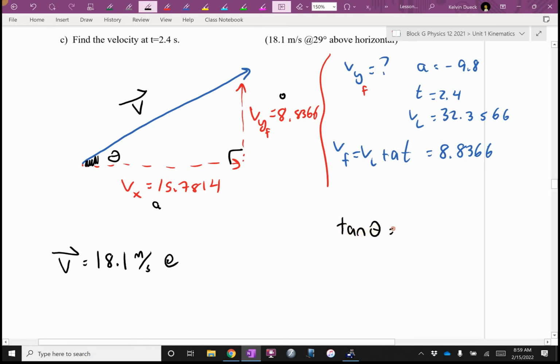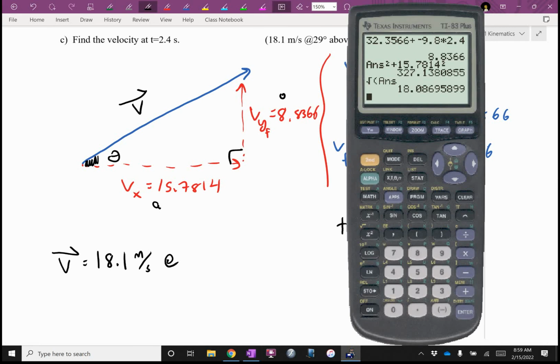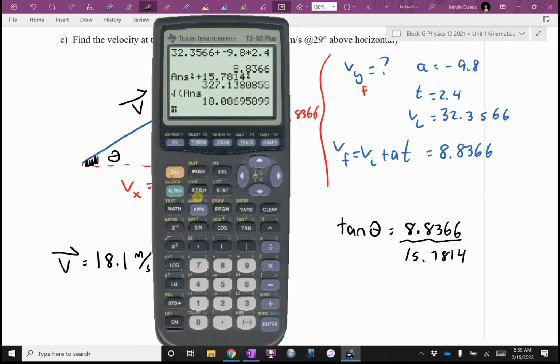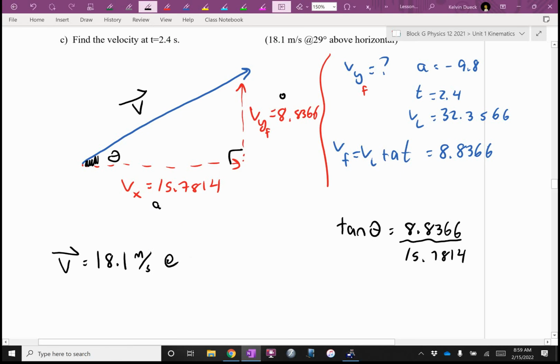Tan theta equals opposite 8.8366 over adjacent 15.7814. I get 29.2 degrees.